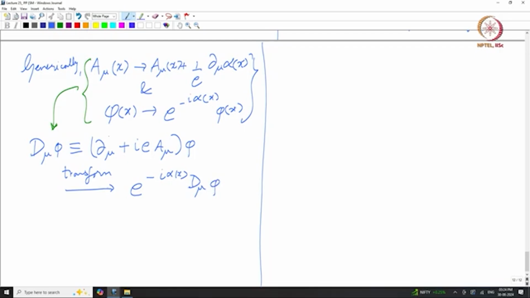Take the partial derivative of the 4 derivative basically on phi. I will have the usual dou mu phi, right, but then I will also get a term that looks like dou mu of alpha, correct, because I have to integrate that also, which I will multiply with the phi again, right.